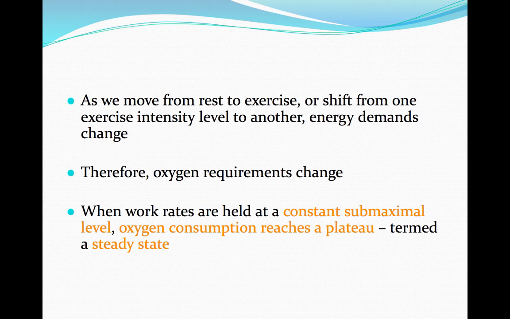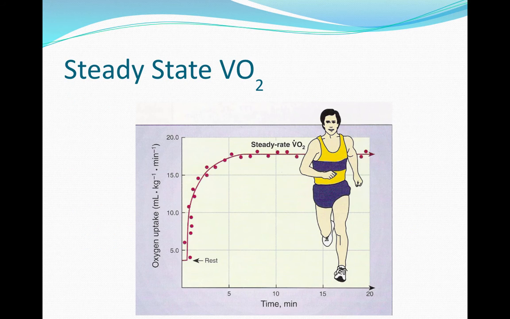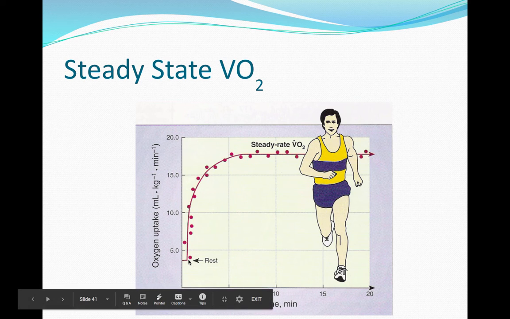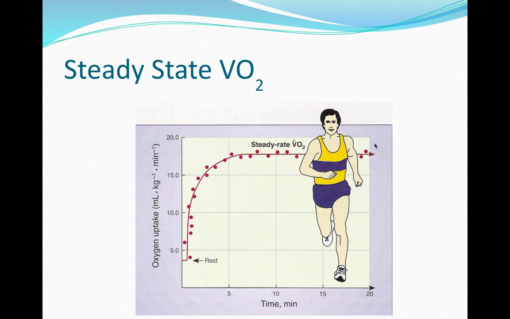And then what's going to happen is that oxygen consumption is going to reach a plateau that we call steady state VO2. So this is what's happening with that example. If you go out the door, okay, so you're standing, you start jogging at that 10-minute mile pace. And this example is a 20-minute run. Great.